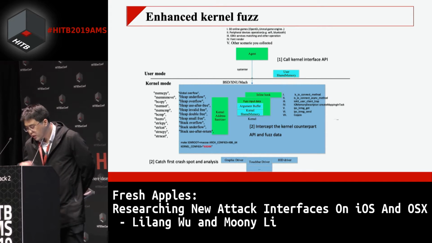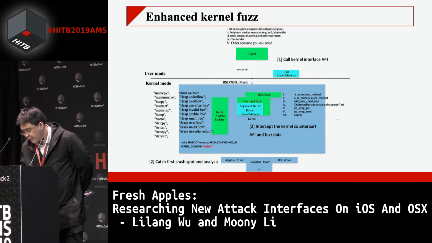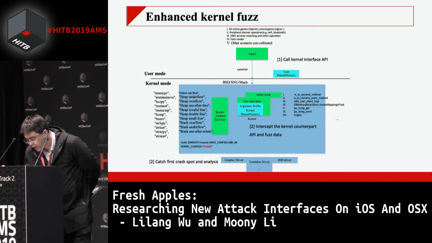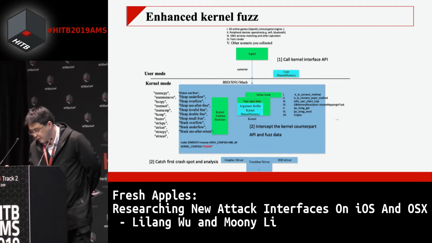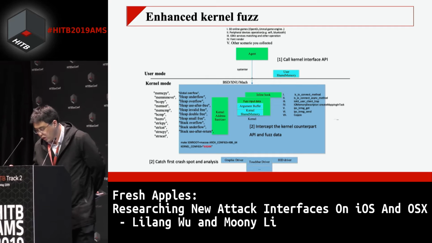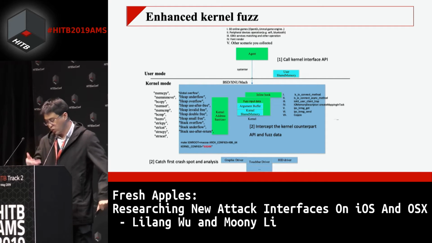Besides blind fuzzing, such as AFL-like, we recommend utilizing normal programs, which have more chances to interact with the kernel as the agent.